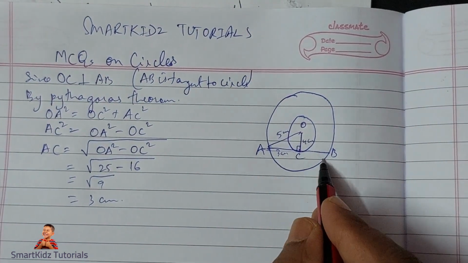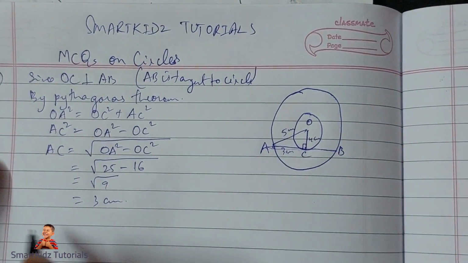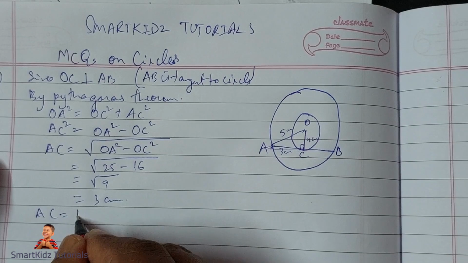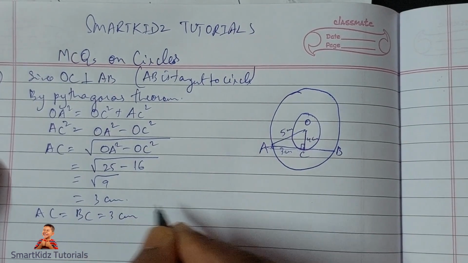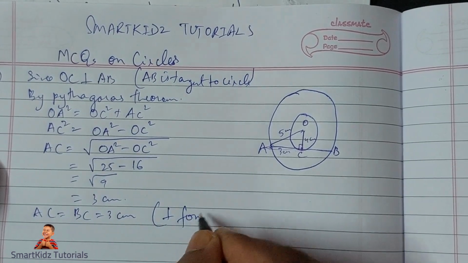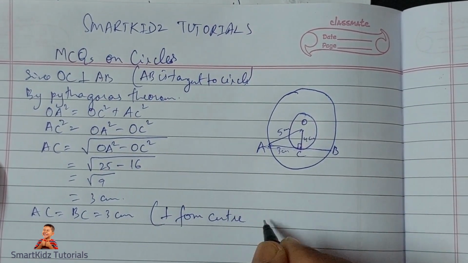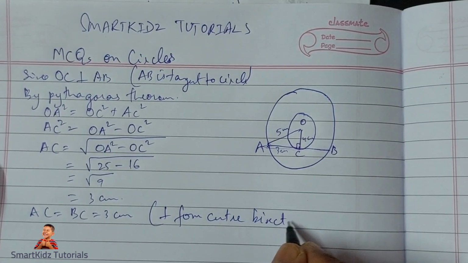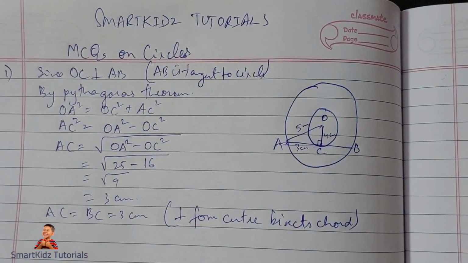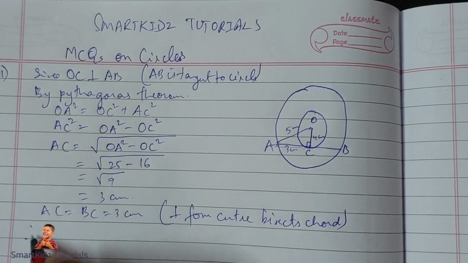So this is 3 centimeters. This is 3 centimeters. Total will be 6 centimeters. So if you want, you can write AC is equal to BC, which is equal to 3 centimeters. Why? Perpendicular from center bisects chord. This is what you should know.